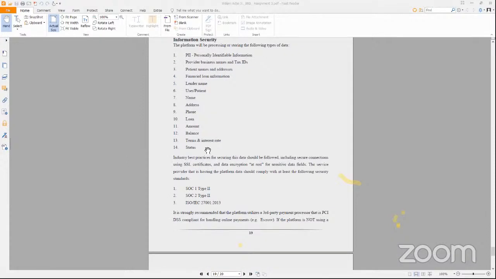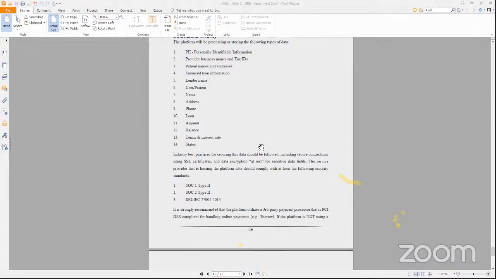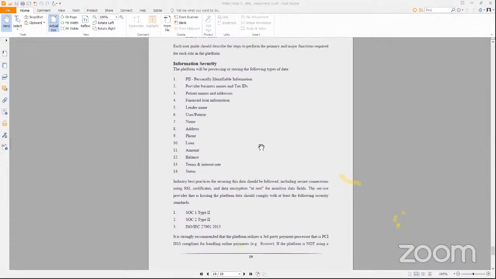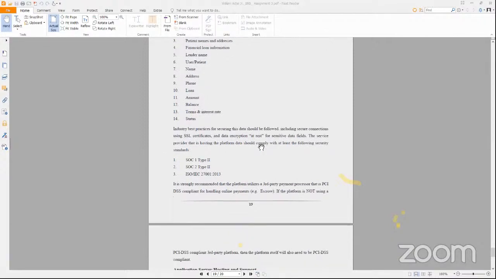ABC Financial Group would have to adhere to the Service and Organization Controls security framework to ensure that we comply with the rules and framework of everything we are doing.